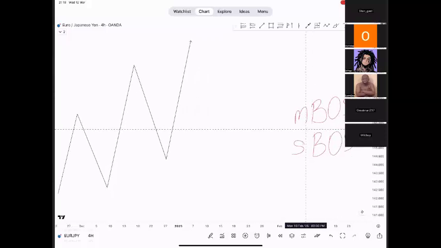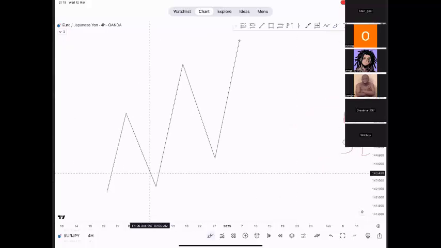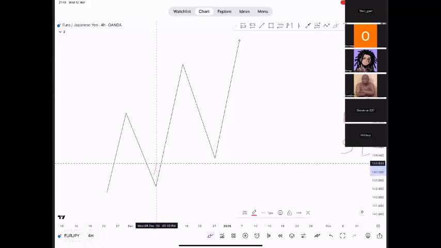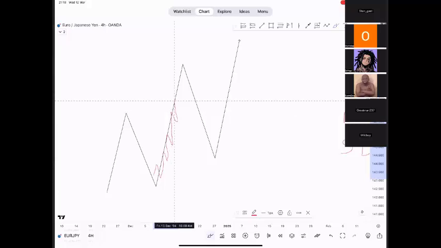Any break of structure that you see internally in an expansion movement, which means that all of those things going on the lower time frame, breaking structure on this expansion move, right, any BOS here is going to be called a minor BOS.